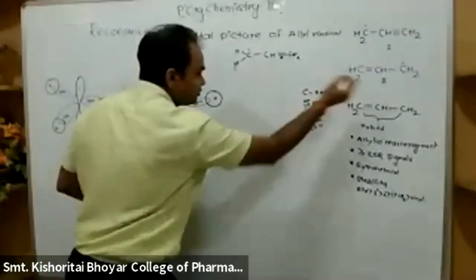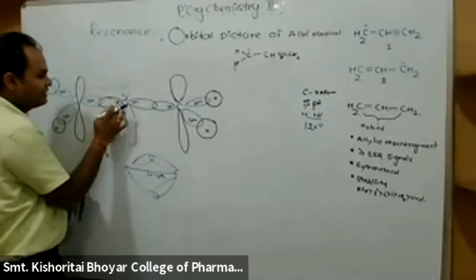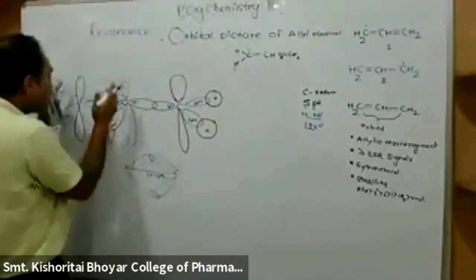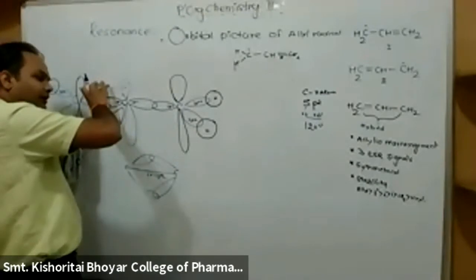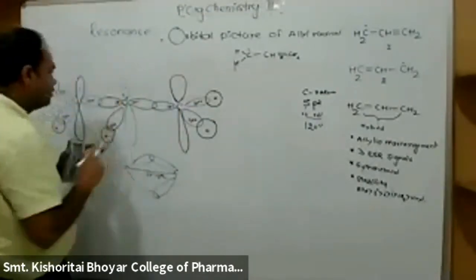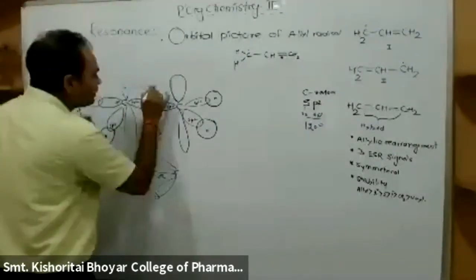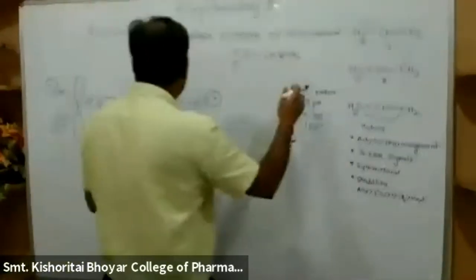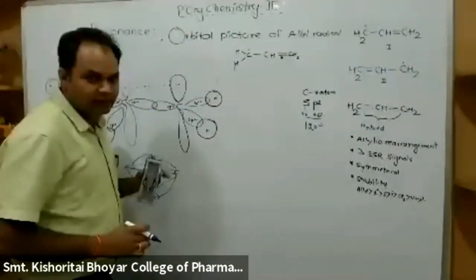Here you will get a double bond, then CH and CH2. If these two p orbitals overlap, a double bond forms here, which corresponds to structure number 2. And if the p orbital overlaps like this, then you will get the other structure. Clear?